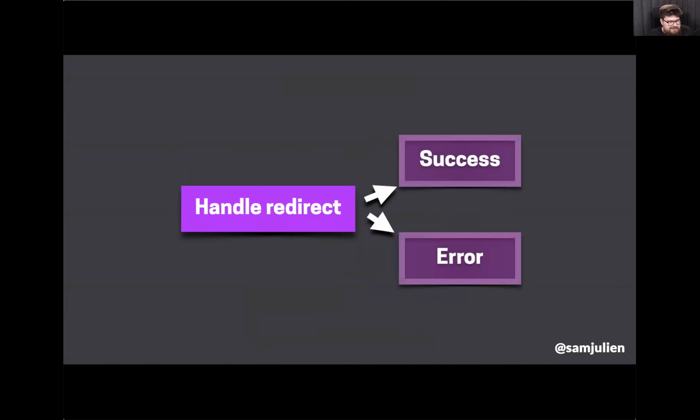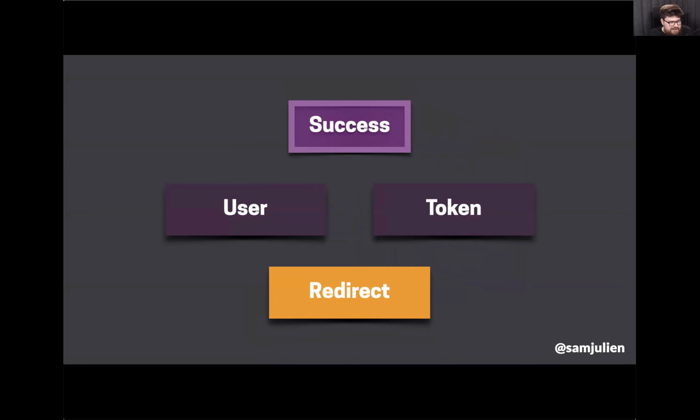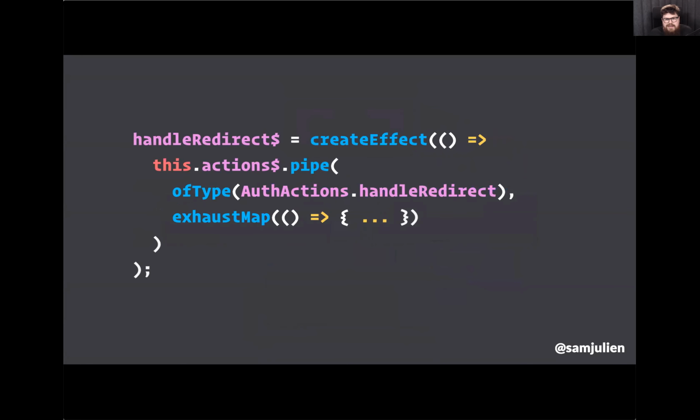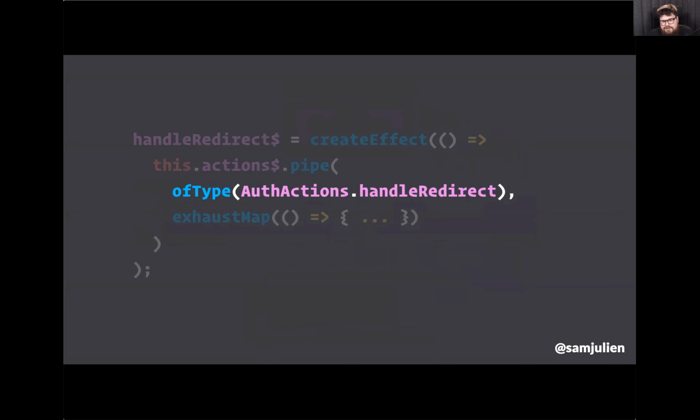If we go back and look through our login process here, it's only at the end that we're getting our state. So let's look at this again, and let's go through our handle redirect, the second half of this. We're going to have an action for handling the redirect, and then we're going to create an effect that's listening for the handle redirect action that gets dispatched.